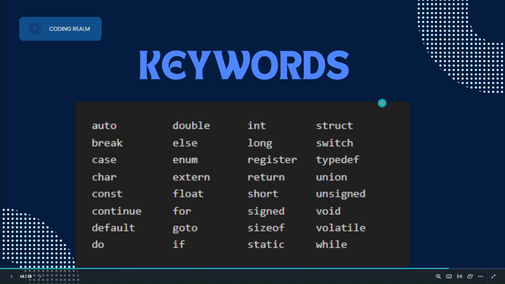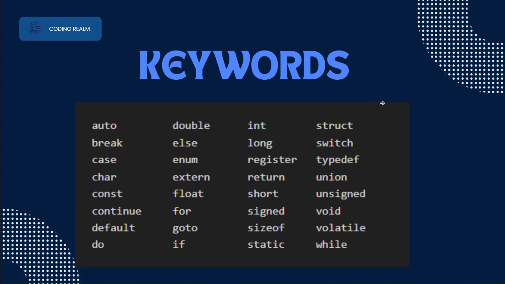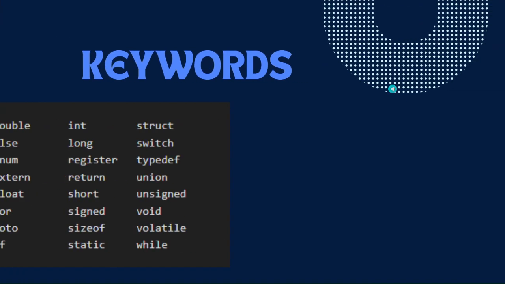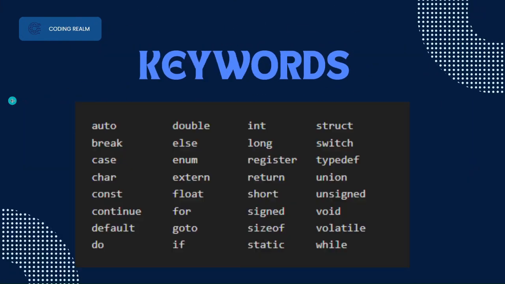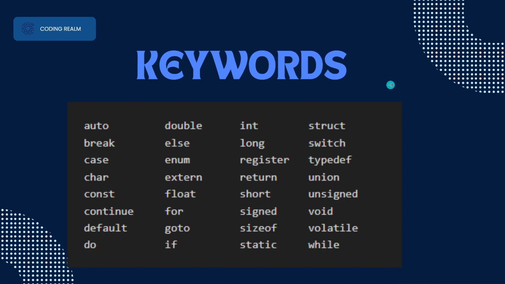We need to use these keywords when we write code in C. We will use them in other videos when we solve problems or examples. Keywords are very important in a programming language.